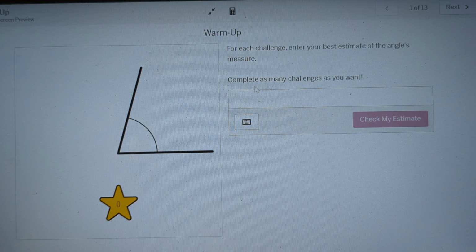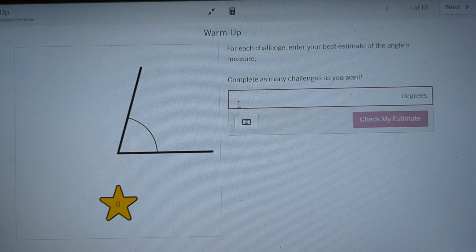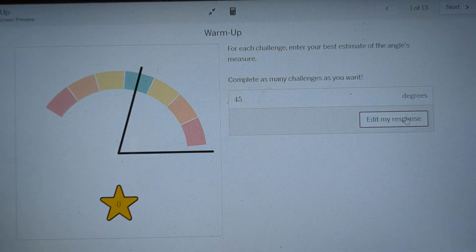Complete as many challenges as we want. We're going to do 3. So the first one we're going to do, let's look at this one. Let's look at being 45. Here's the estimate.